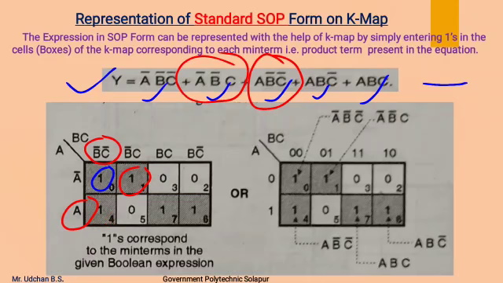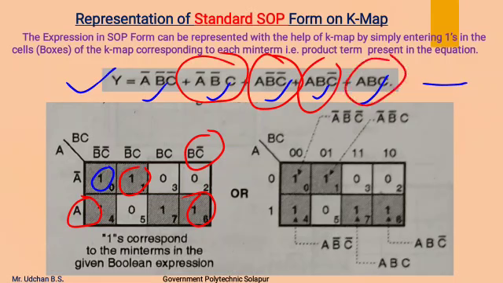After that, the next product term is A B C bar. So the position of the cell is, here is A and here is B C bar. So A B C bar is the cell position where 1 is entered. After that, the next product term is A B C. This is A and this is B C, so 1 is entered in this cell.